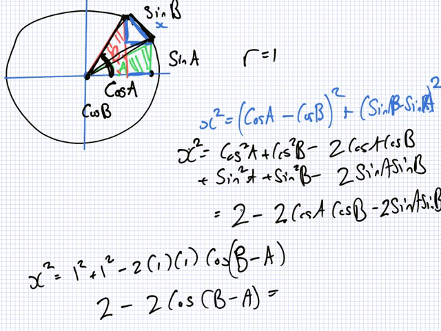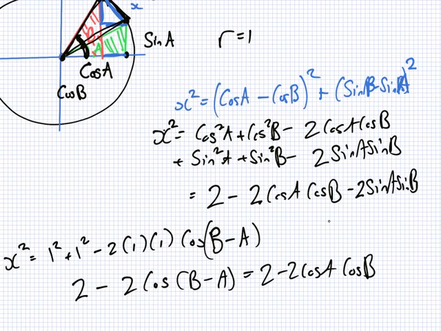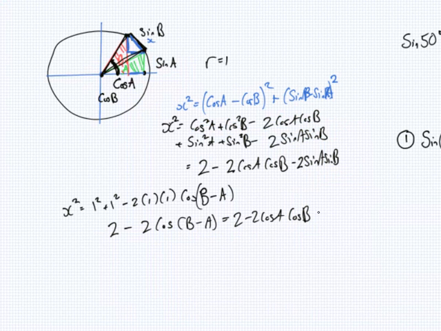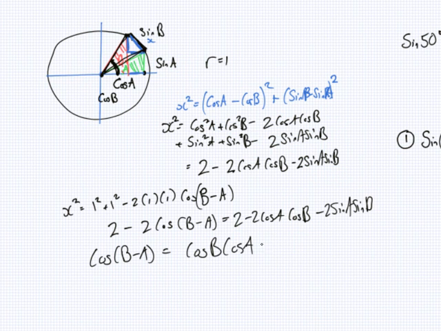But I have a formula for x squared already. So I'm actually not proving the formula I just wrote down, I'm proving a later formula. Minus 2 sine A sine B. So you can cancel the 2 and divide by minus 2 and you get the formula cos B minus A equals cos B cos A plus sine B sine A. But of course the A and the B are just letters.